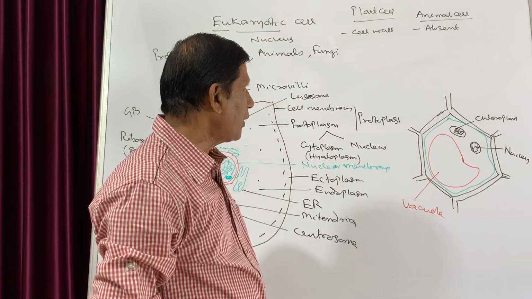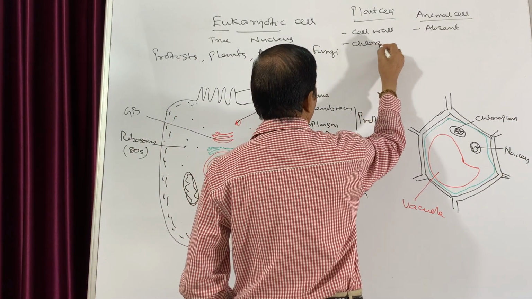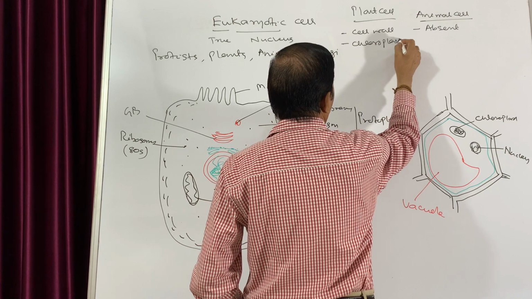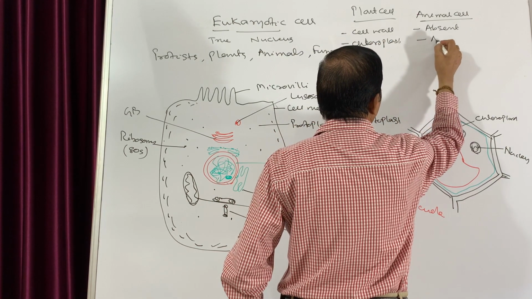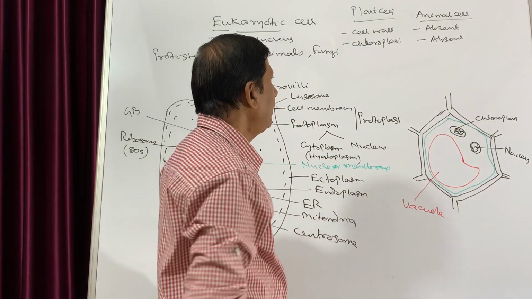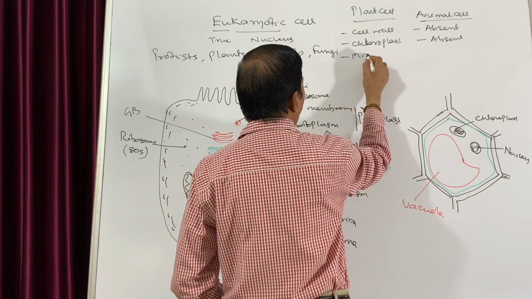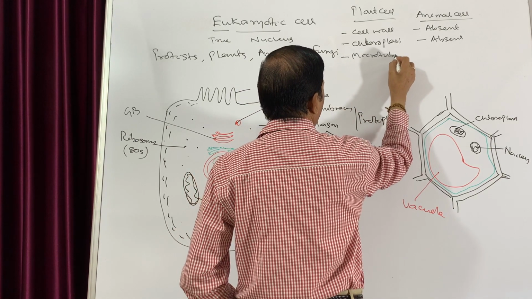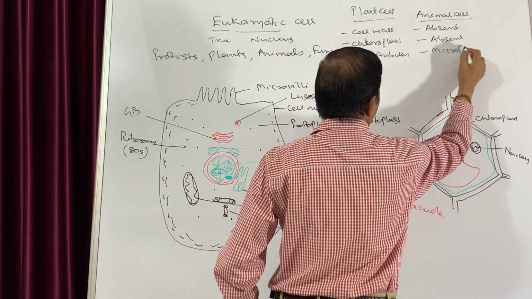Then among the different organelles, plant has chloroplast, but here again it is absent. Then the plant has mostly microtubules, but here mostly microfilaments are there.